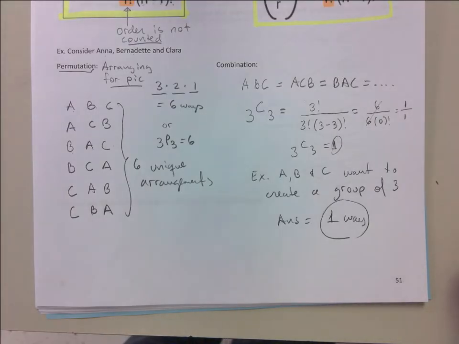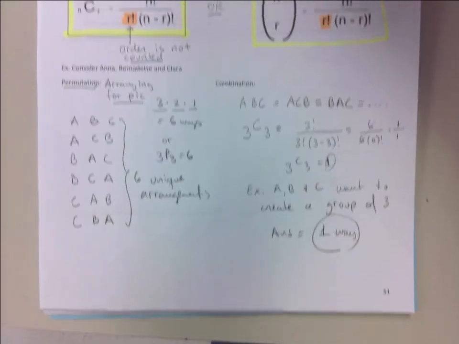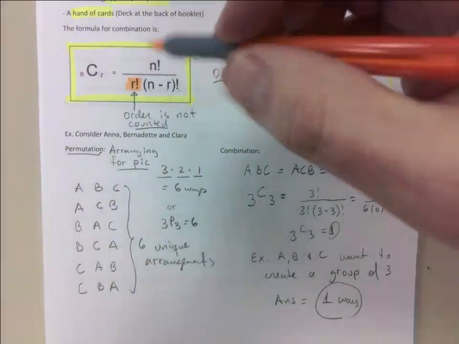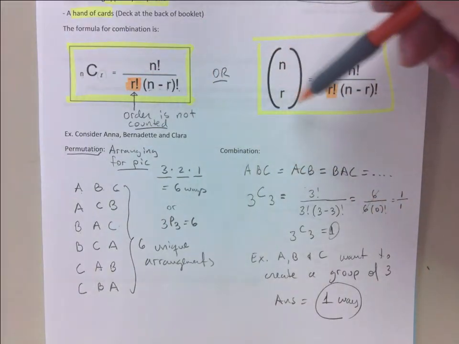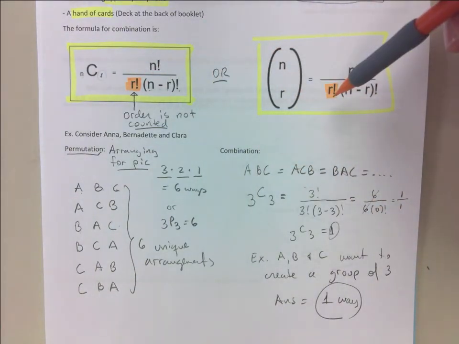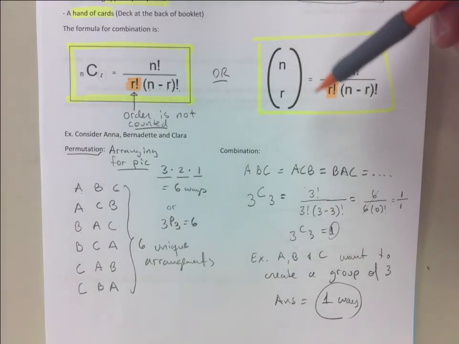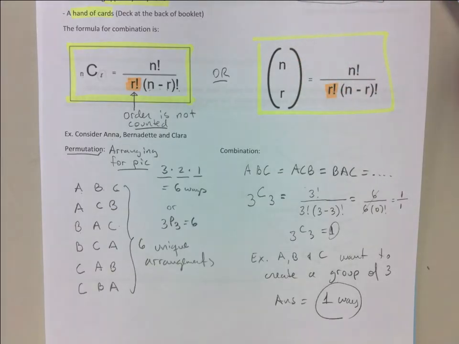What form of the combination formula do you think is going to follow? I can't tell you for sure. You have to be prepared for one or the other. I've seen this one more frequently, but I cannot tell you when this has shown up. I'm preparing you for it just in case.